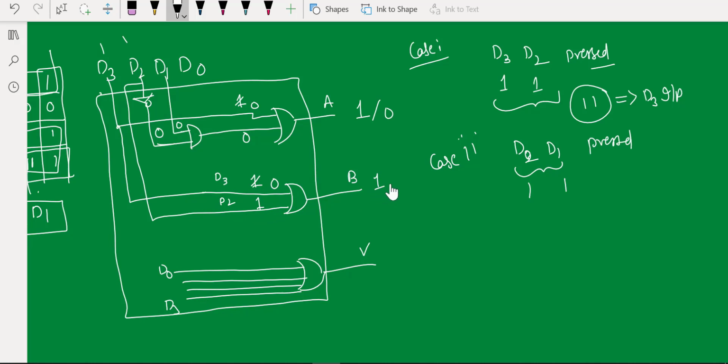You are going to get output 1. That means you are going to get output 1 0, which is nothing but your D2 input. So even though you pressed both D2 and D1, still your output is D2. So this is how your 4 input priority encoder gives highest priority to D3, then D2, then D1.